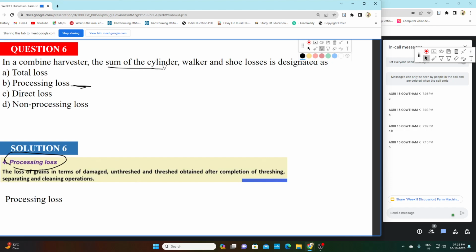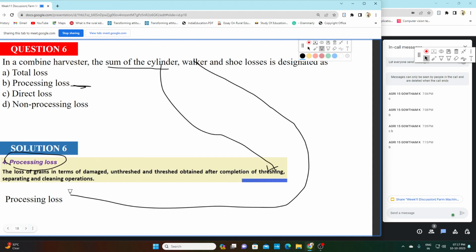The sum of cylinder loss: cylinder loss is for the threshing operation. Walker loss is the separating operation, the separation of grain from the straw.